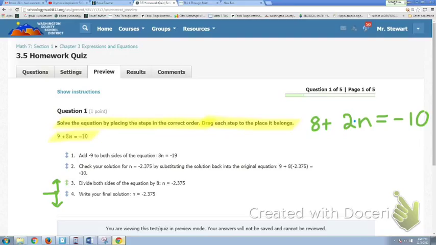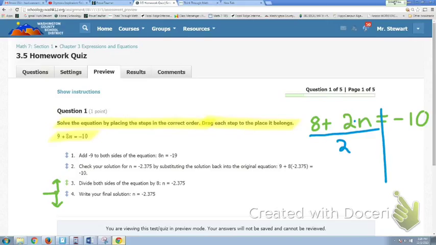When I am trying to cancel out this multiply by 2 right here, I'm going to do the inverse operation of multiplication, which is division. But if I start with this and I've still got this positive 8 out here, what I actually need to do is divide this entire quantity by 2.